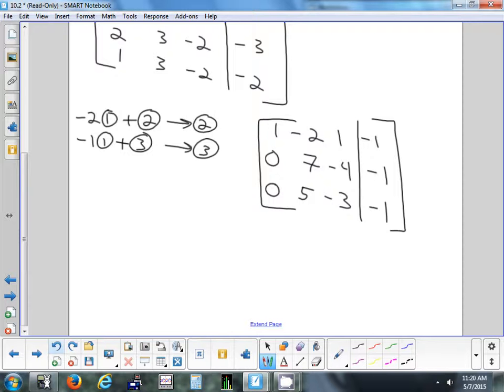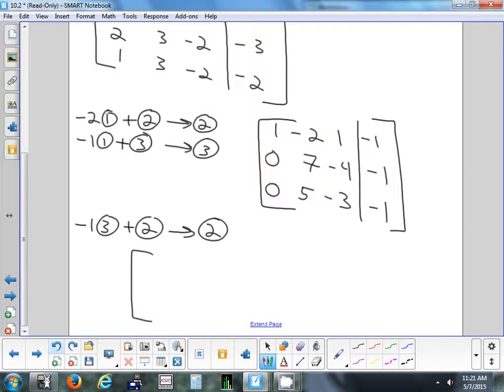What could I do with row 3? Multiply it by something and add it to row 2. It's not going to make a 1 here. If this was a 6, then I could easily make a 1 here. Darren? Yeah, let's multiply the third row by -1, add it to row 2, and that's going to replace what's in row 2.